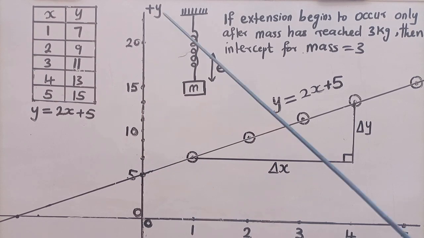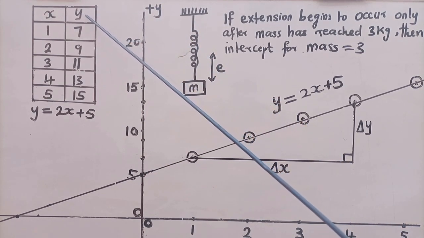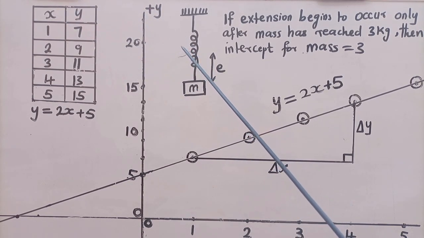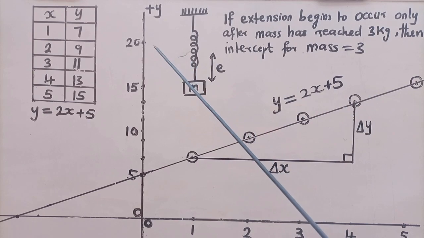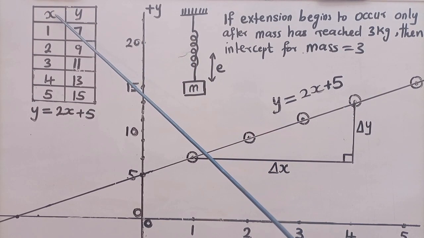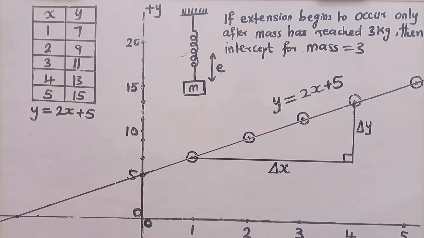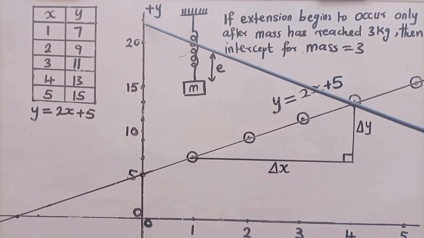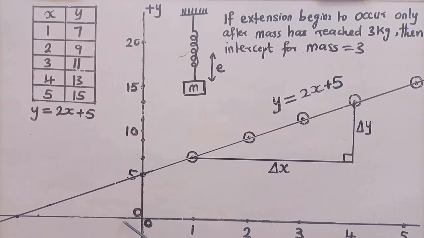but here, if y is for the extension and x is for the mass, let's assume that the x is for the extension and y is the mass, because it is not out of place to sketch the plane the other way around. That is to say, placing what is independent here and placing what is dependent here.